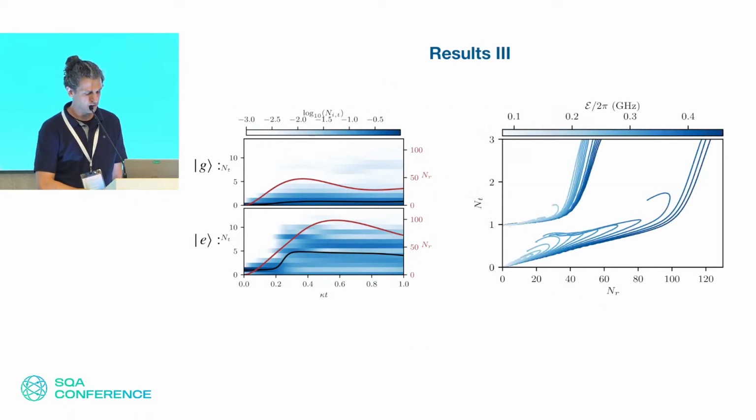So if we plot the resonator population versus the transmon population, there's some kind of data collapse, some kind of universal behavior, where you see the ionization threshold occur at very specific resonator populations corresponding to about 112 photons when you start in the ground state and about just 40-something photons when you start in the excited state.